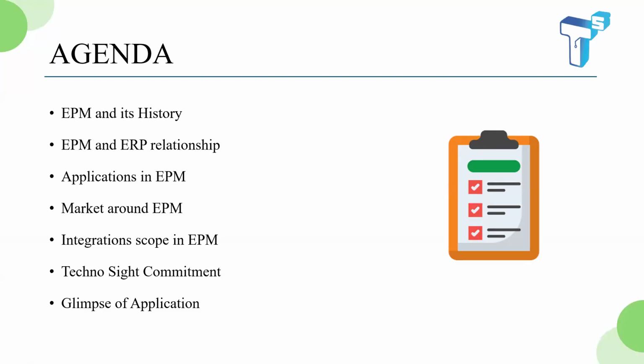What is ERP, and what role are EPM and ERP playing, and why should you choose this ERP domain? We will also see the overview: where EPM stands in the ERP world, what applications we have in EPM, what the current market in EPM is, and what the situation is for an EPM consultant or candidates aspiring to come into this domain.